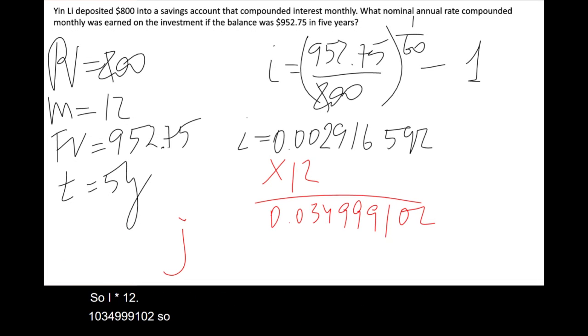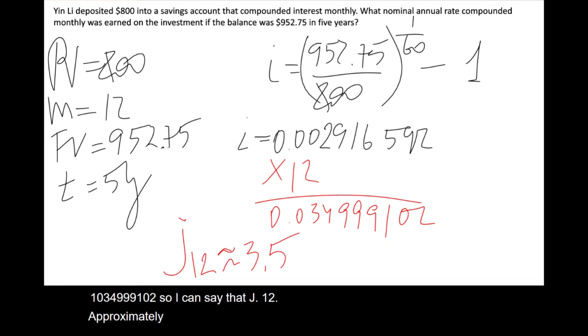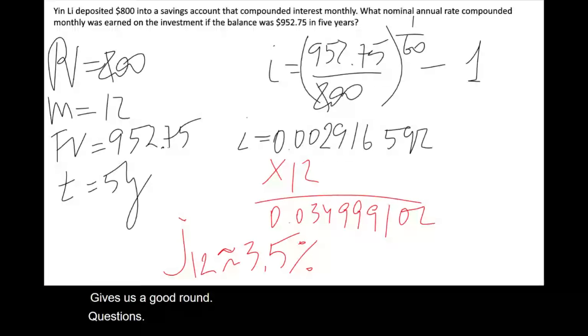So I can say that j12 is approximately 3.5%. And it's pretty good accuracy, I would say. Those 3 nines give us good rounding. Questions?